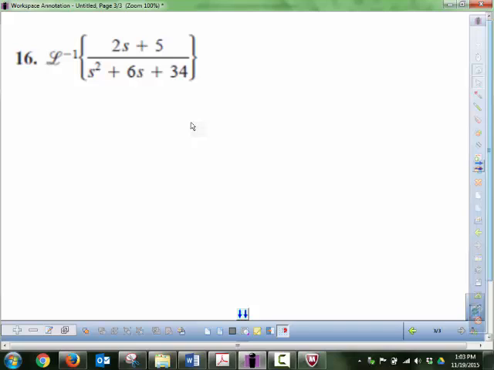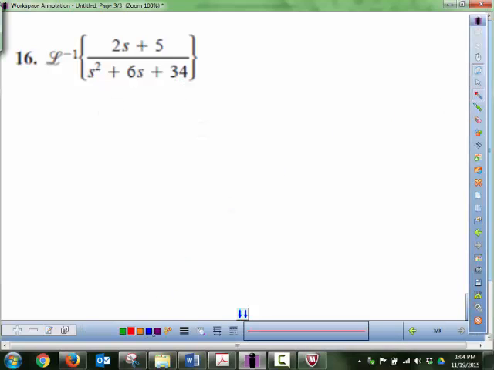And instead of breaking it up into partial fractions like we did, let's see if we can do something else. Let's see if we can complete the square and enforce the sine and cosine business to happen for us.